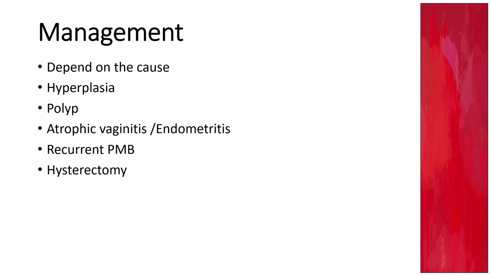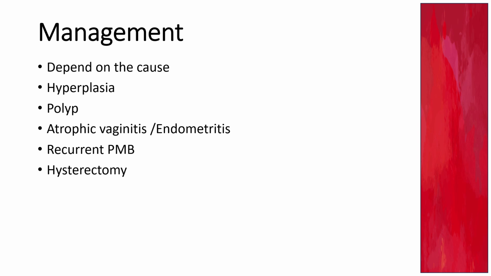Since the causes for postmenopausal bleeding are different, management also may depend on the cause. If it is a malignancy, further evaluation for staging should be done and managed accordingly. If it is hyperplasia of the endometrium, it can be with atypia or without atypia.